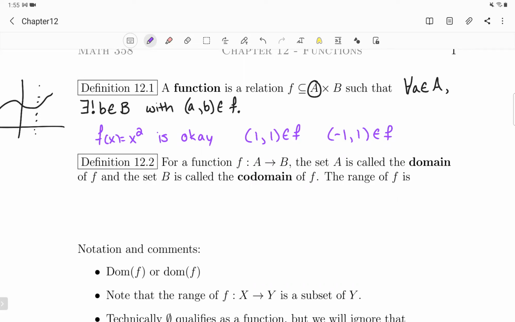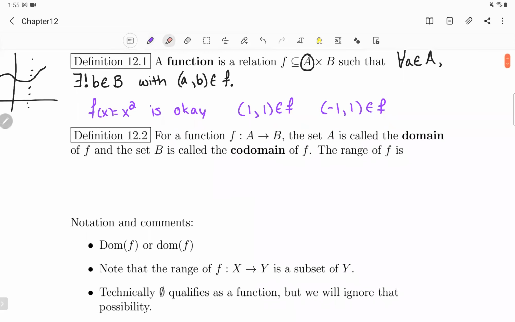Okay, so we have domain. That set A is called the domain, often notated dom F, lowercase or capital F. Then we have set B is called the codomain.